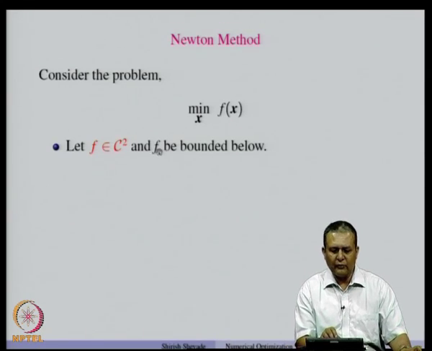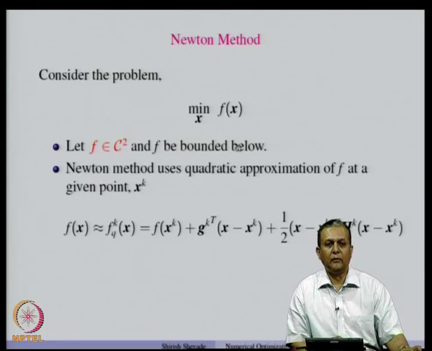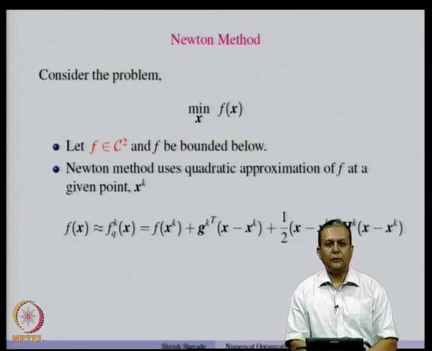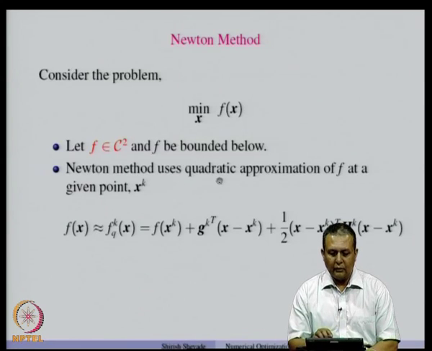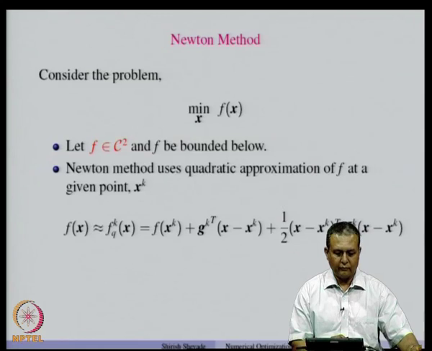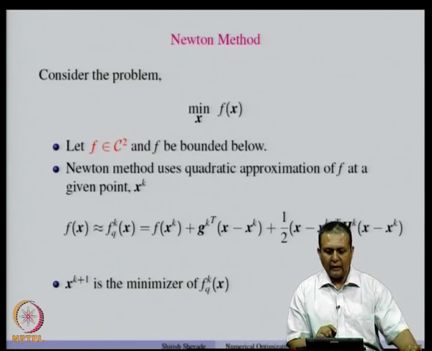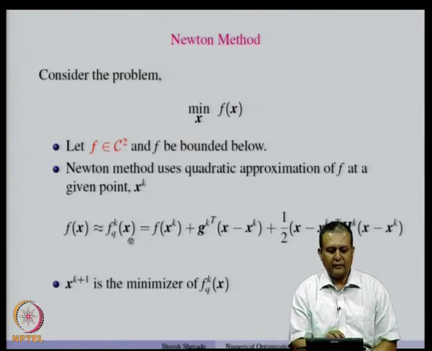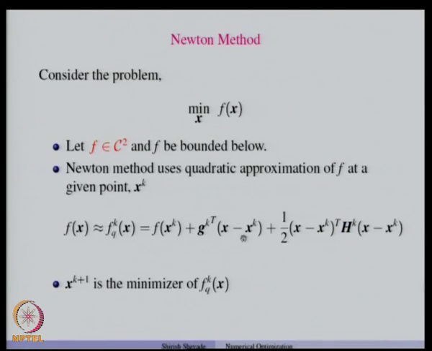So, we continue to use this assumption that f is bounded below. Now, the Newton method uses a quadratic approximation of a given function f at a given point, and x k plus 1 is the minimizer of this quadratic approximation.